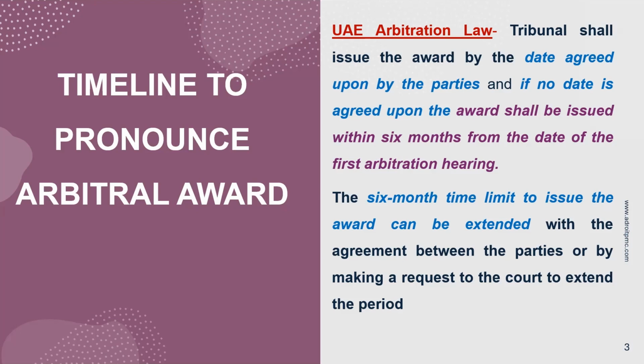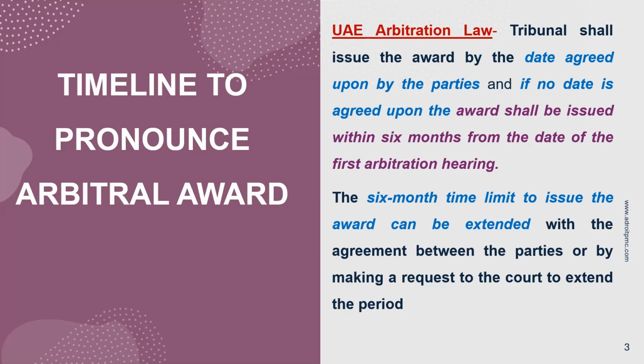If it is UAE, the timeline can be agreed between the parties. If it is not agreed between the parties, then as per the law, it will be 6 months from the date of the first hearing, that is the preliminary meeting. If the arbitrator is not able to issue the award within this 6 months because of issues like delay by the parties, then the parties, by having an agreement, could extend this 6 month timeline.